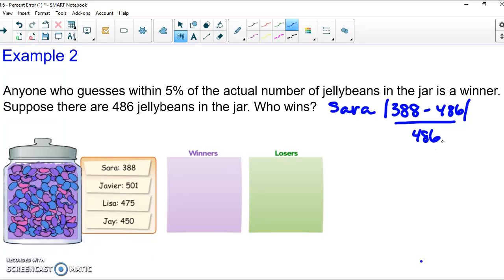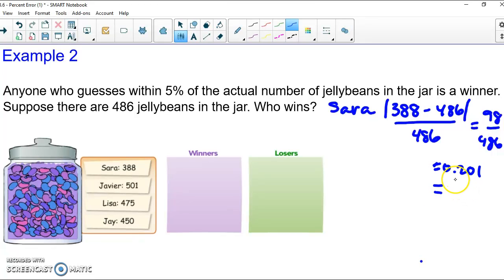So the difference between 388 and 486 is a difference of 98, and it becomes a positive 98 when I take the absolute value. So when I do 98 divided by 486, I get 0.201.